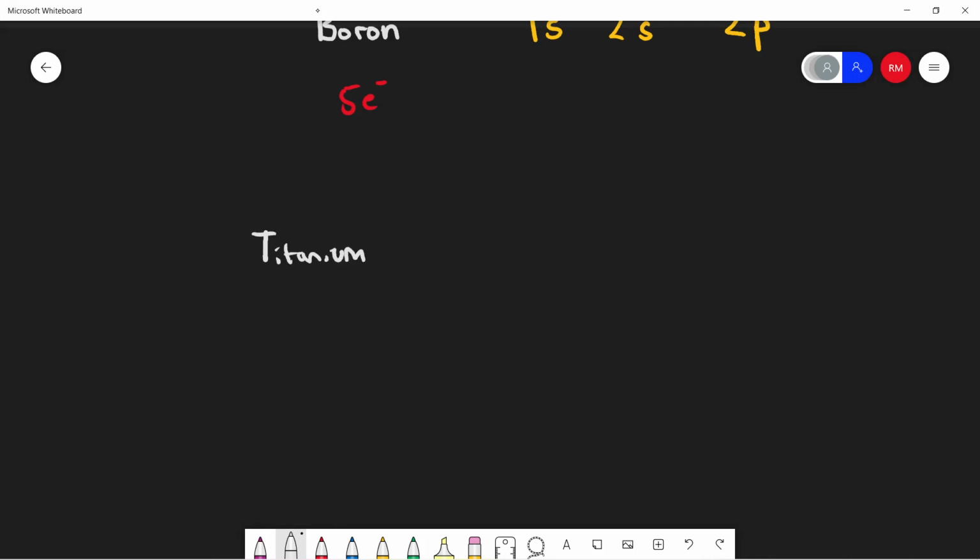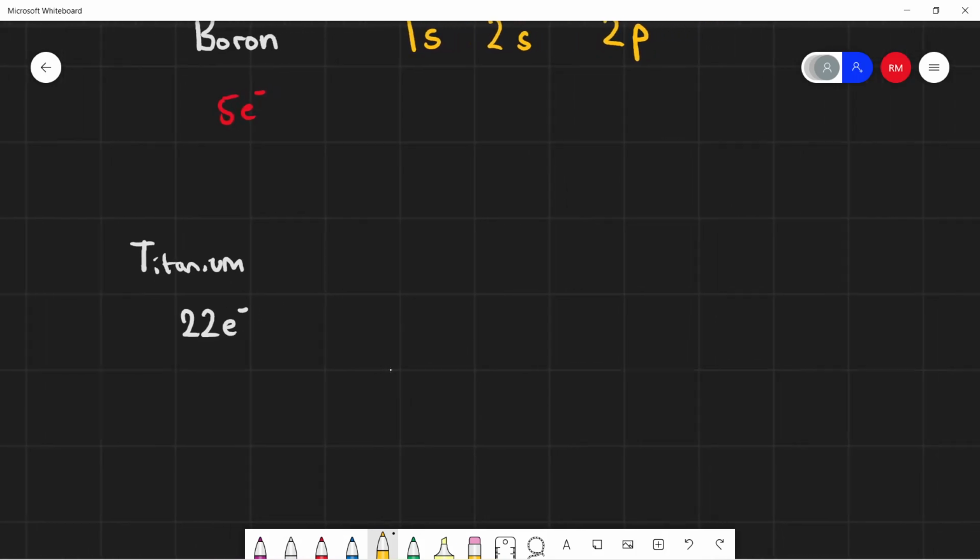You will definitely need a periodic table for this, I'd assume. But titanium has 22 electrons. So I'd first start drawing this out.